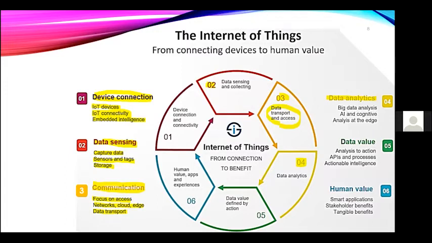So data analytics is also a very important component in the Internet of Things. And this can be made further better by the involvement of big data analytics, involvement of AI, and cognitive analysis at the edges.